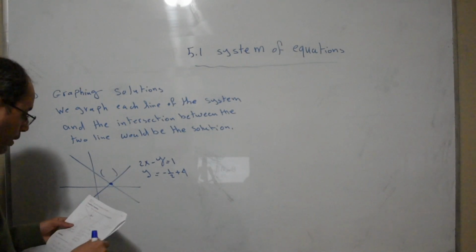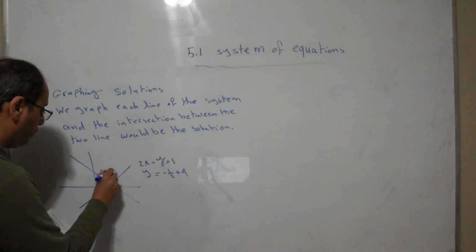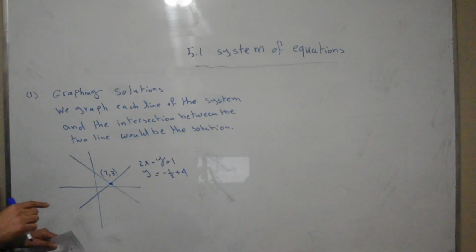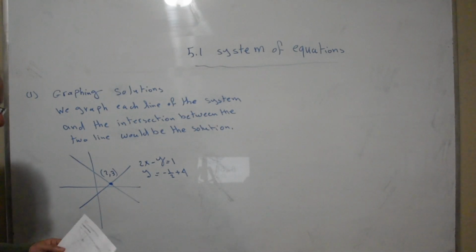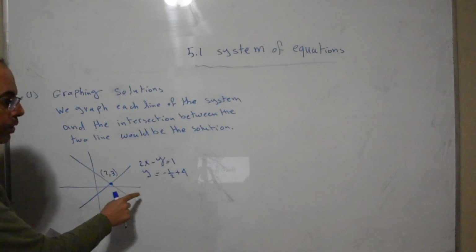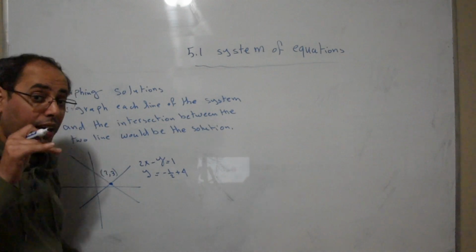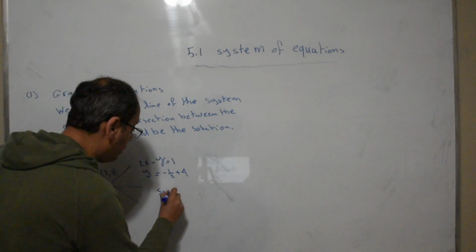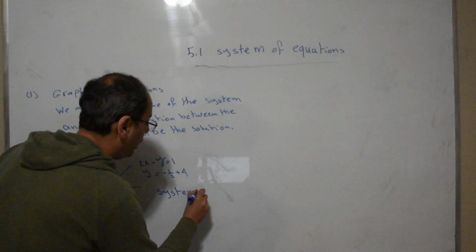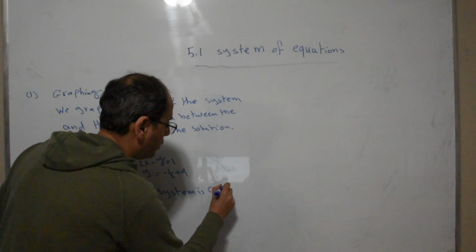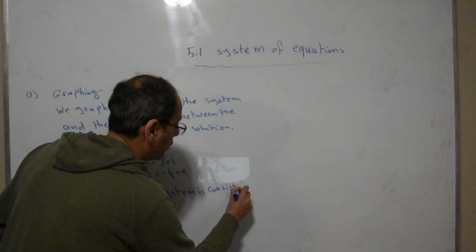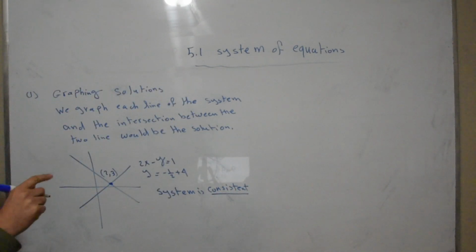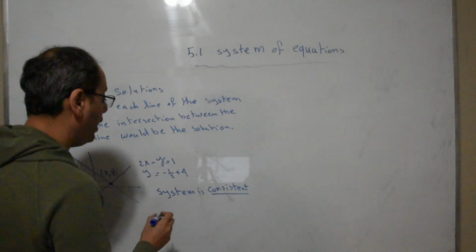Based on these equations, I got 2 and 3. It doesn't look like 2 and 3 in the drawing, but what I mean is it's only one solution. Once I have a solution, I call the system consistent.